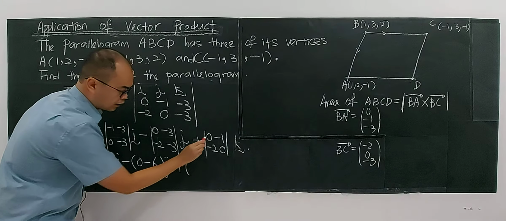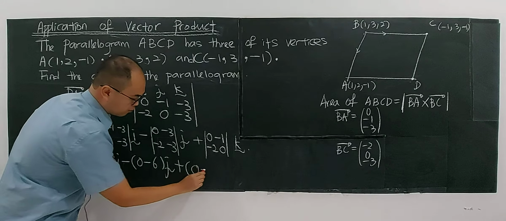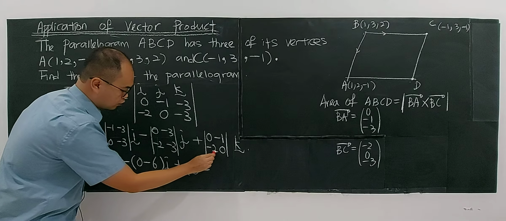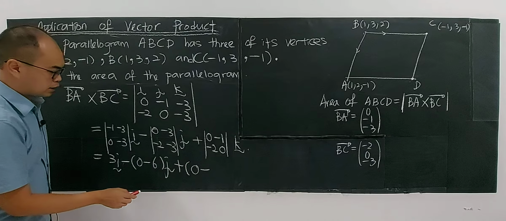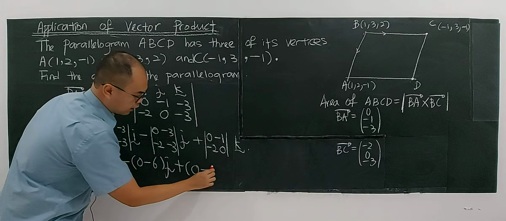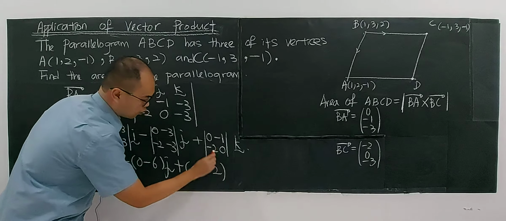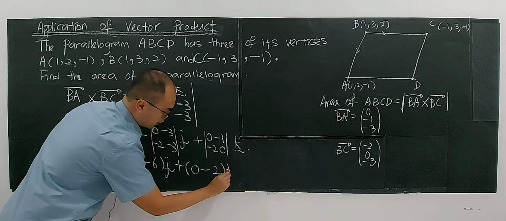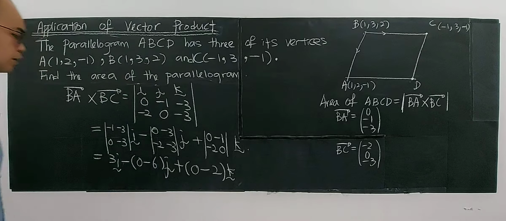Positive, then 0 minus negative 2 times negative 1, we have positive 2 K.